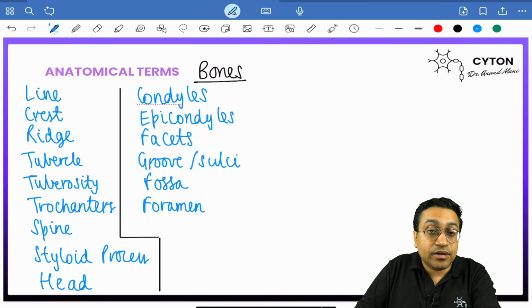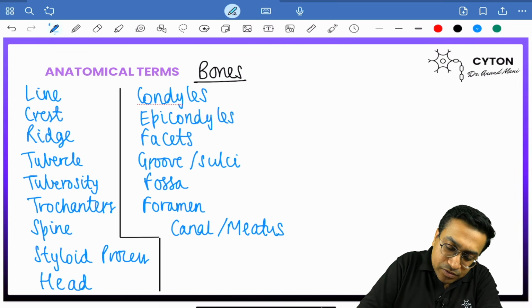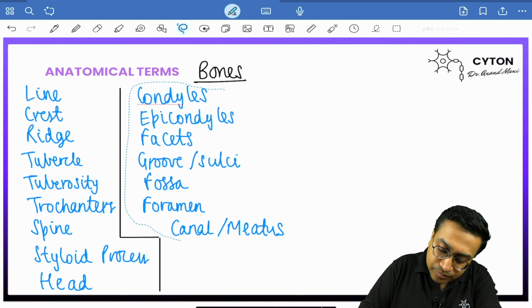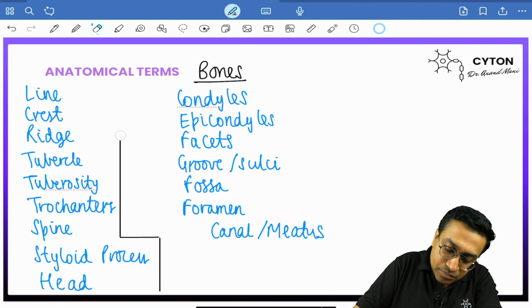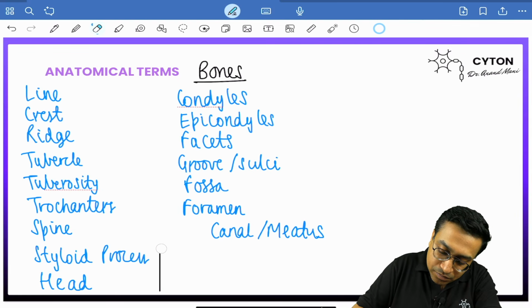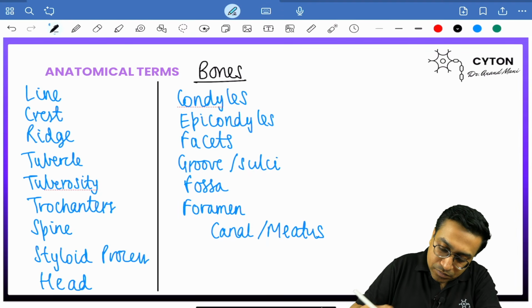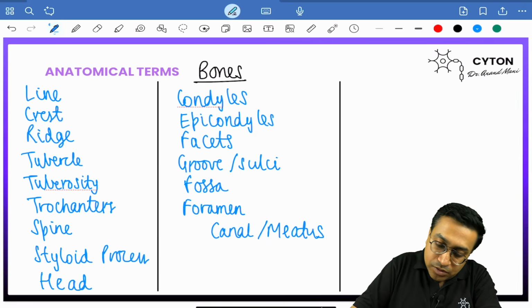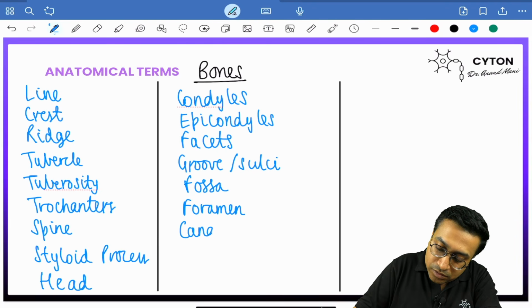Okay, then canal or meatus. Let me just shift it. Wait. So we have canal or meatus.